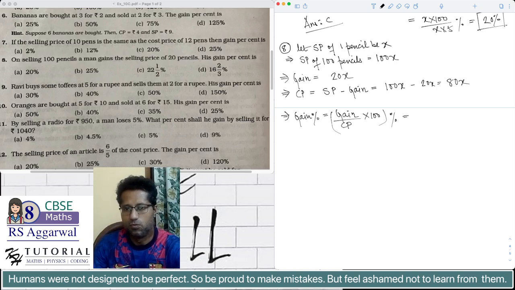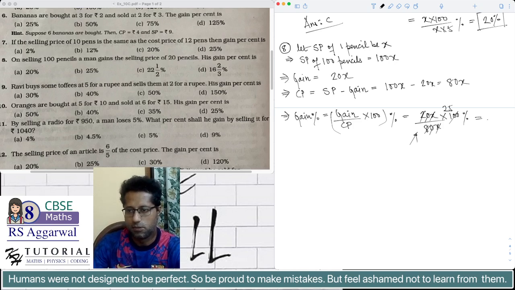This is equal to gain 20x, cost price 80x, multiplied by 100. x cancels out, 0 cancels out, 2 divides 8 with 4, 4 divides 100 with 25. So this is 25 percent. So there is a gain, the gain percentage is 25, and hence the correct choice is B. B is the correct choice.